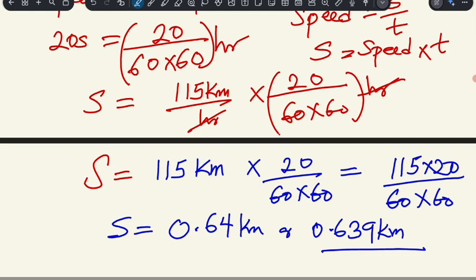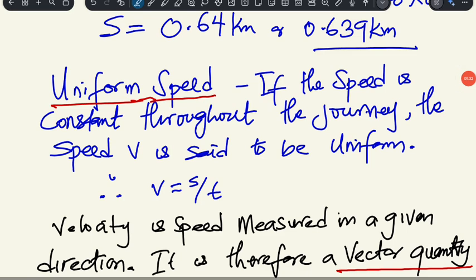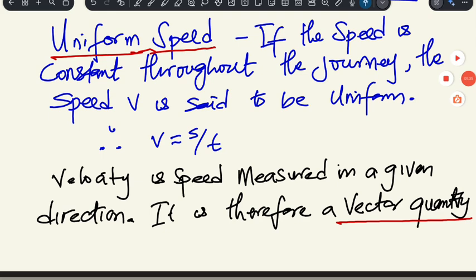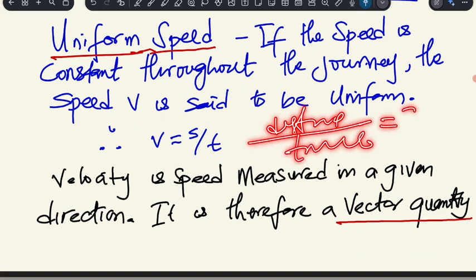calculation involving speed. Let's now try to explain the definitions of velocity and acceleration before we go to the equations of motion. There is a uniform speed if the speed is constant throughout the journey. The speed v is said to be uniform, for v is equal to distance over time, that is x over t.